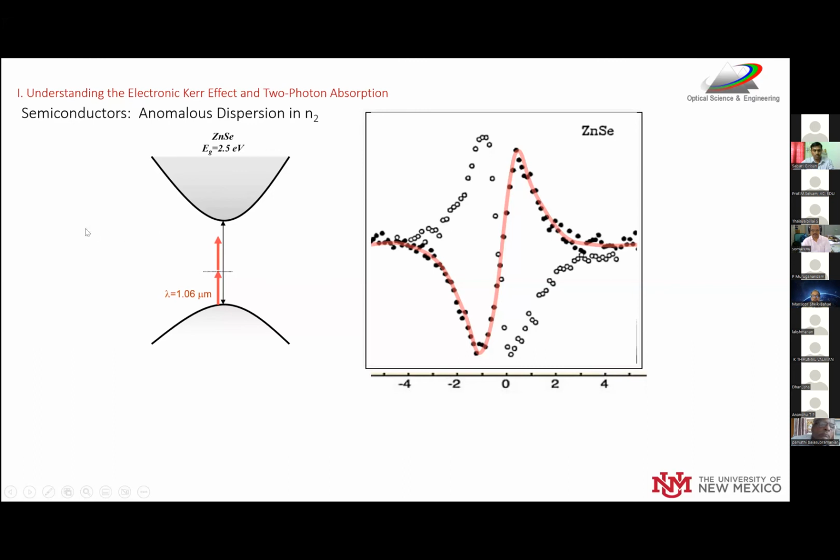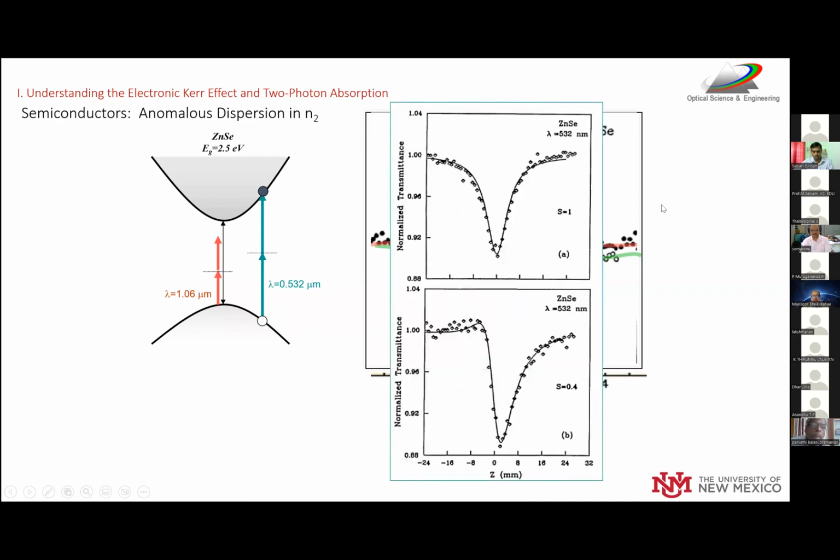But when you went to 532 in the green, because you had two-photon absorption, the nonlinearity N2 changed sign. And for the first time, we could measure the dispersion of these nonlinearities accurately. And also, of course, that was the open aperture data.